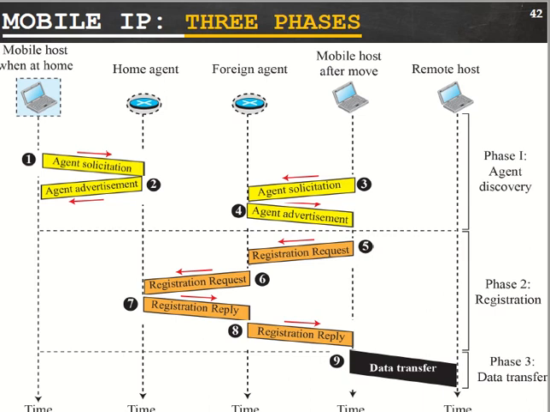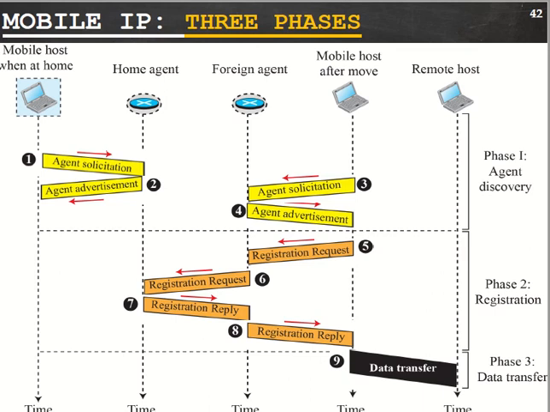The mobile host must also discover a foreign agent after it has moved to a foreign network. So when the mobile host moves to a network other than its home network, once it moves, it has to identify its foreign agent.